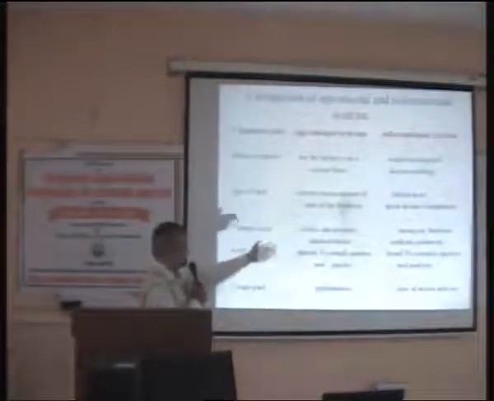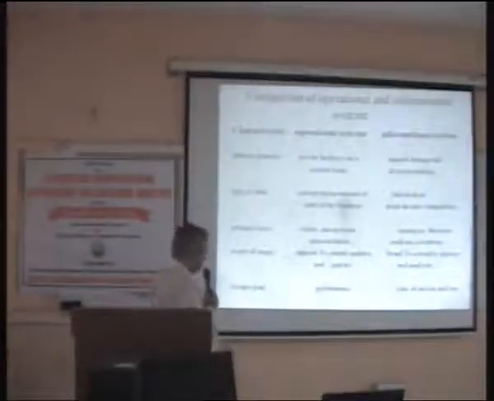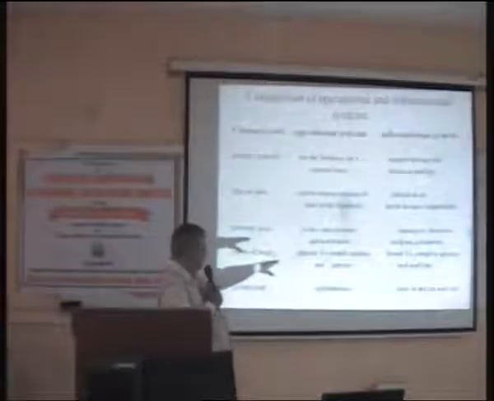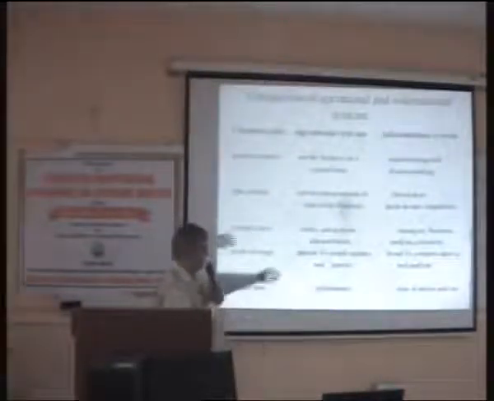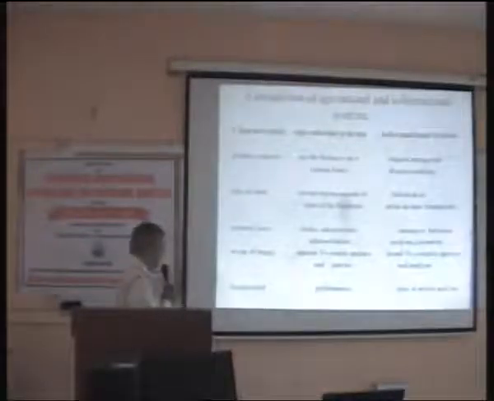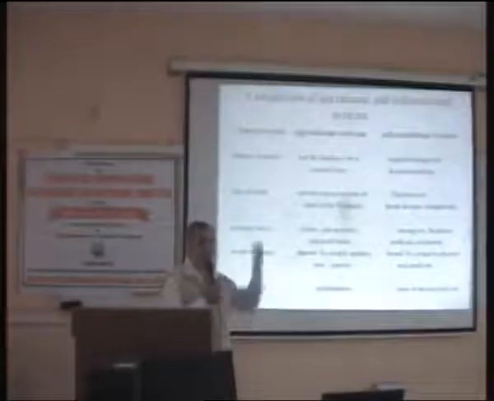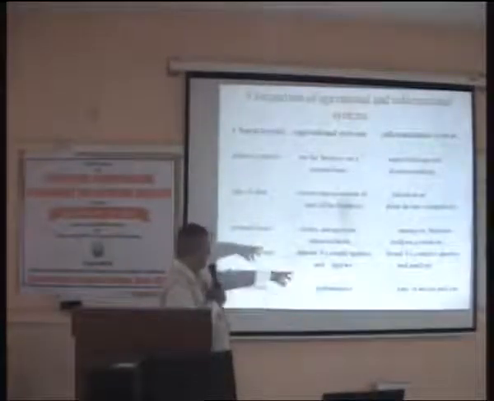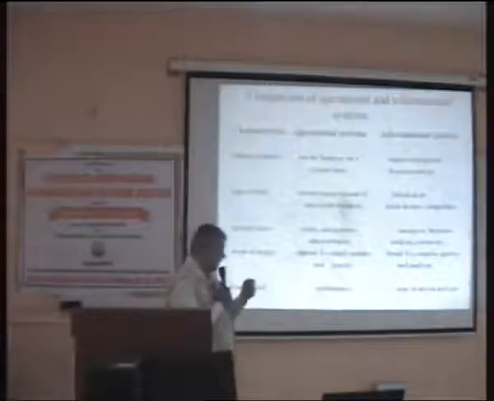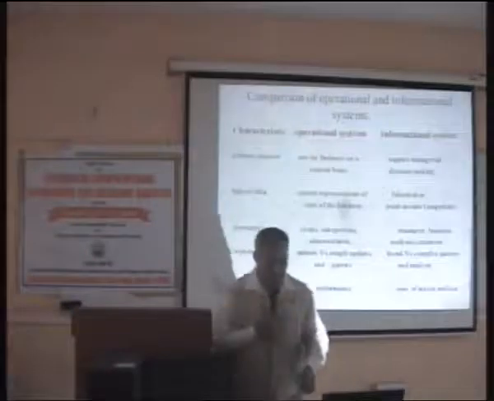So you can see the differences in intelligence. Here the queries are very narrow and simple, whereas there in the information systems the queries are broad and complex. And here the design goal in the operation system is performance. We want real time dynamic systems, whereas in information systems we are interested in ease of access and use of that information. We want to use the information, that's all.